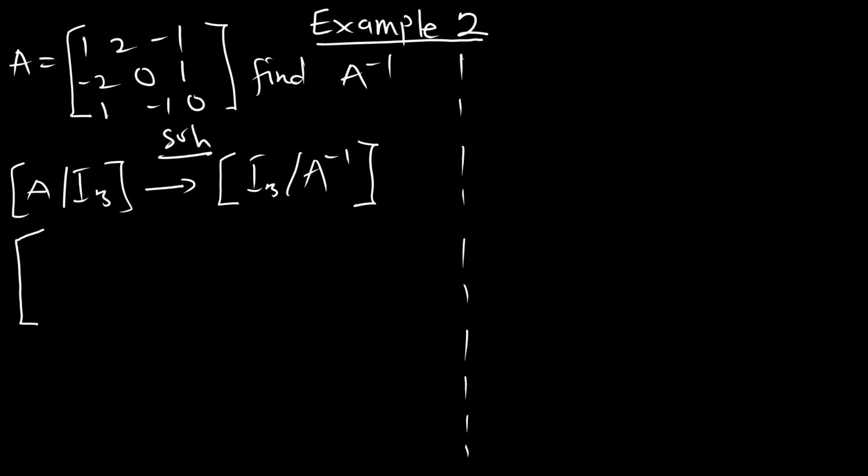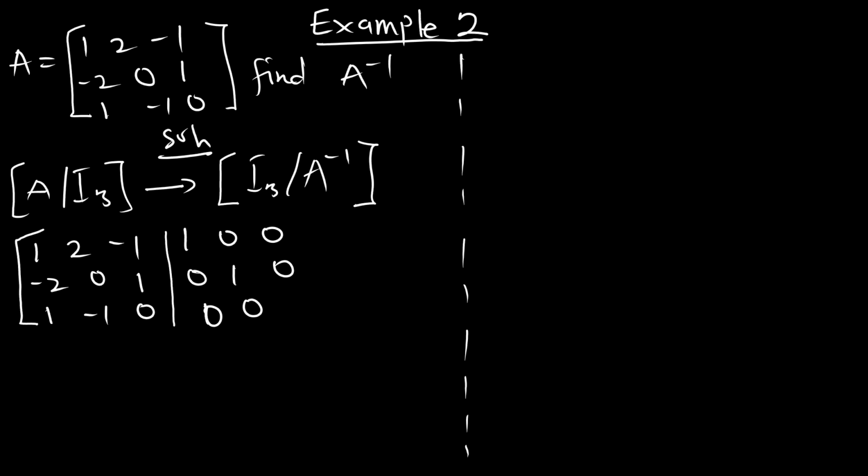Matrix A, that is 1, 2, negative 1, negative 2, 0, 1, 1, negative 1, and 0, combined with the identity matrix, which is 1, 0, 0, 0, 1, 0, 0, 0, 1, this way. And we are to perform row operations in order to turn this matrix into the identity matrix.